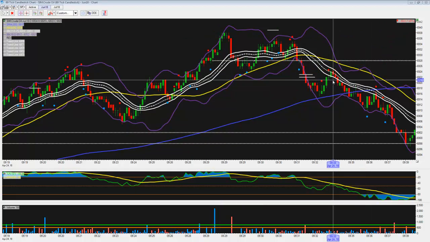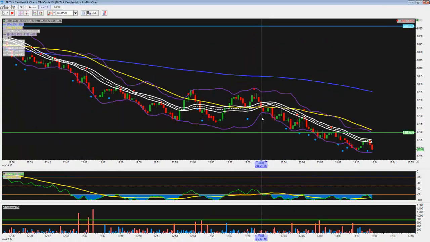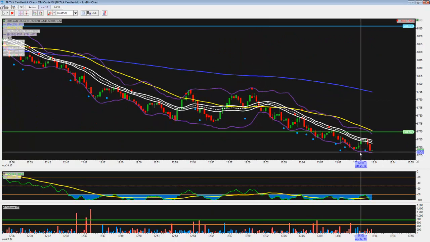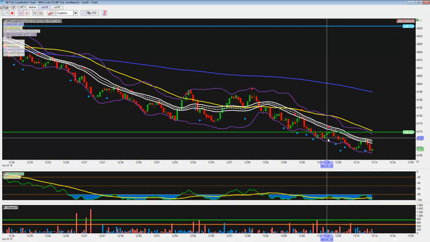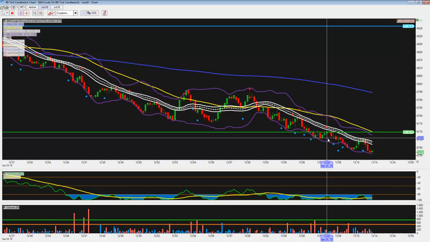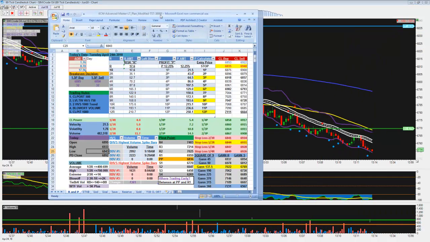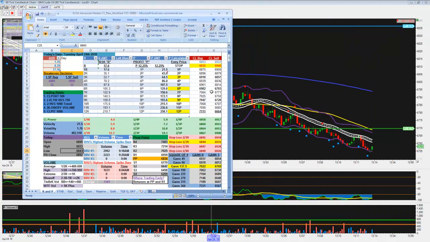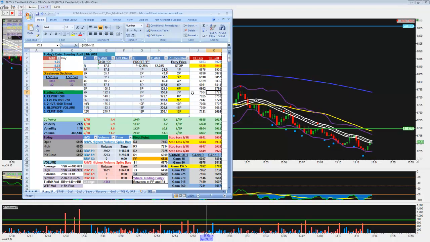Wow, what a nice down day here today. This down day just continues to move down throughout the session. From 69.22 to currently where we're trading right now, $67.71.